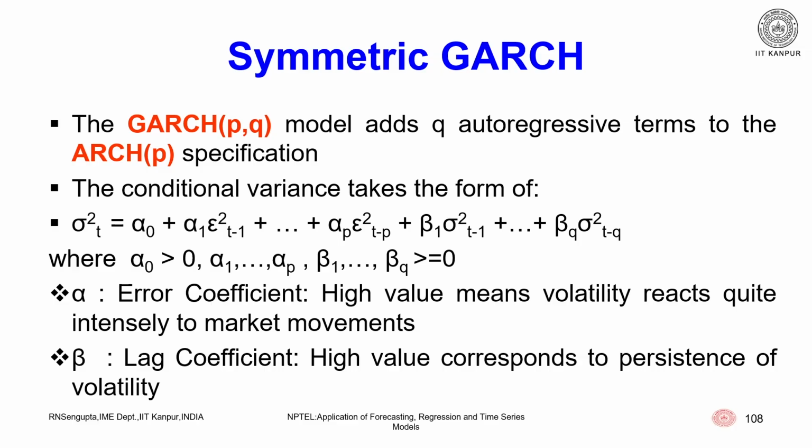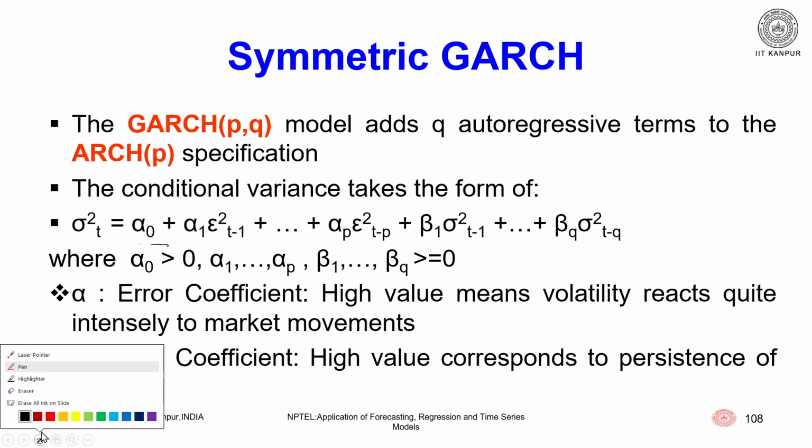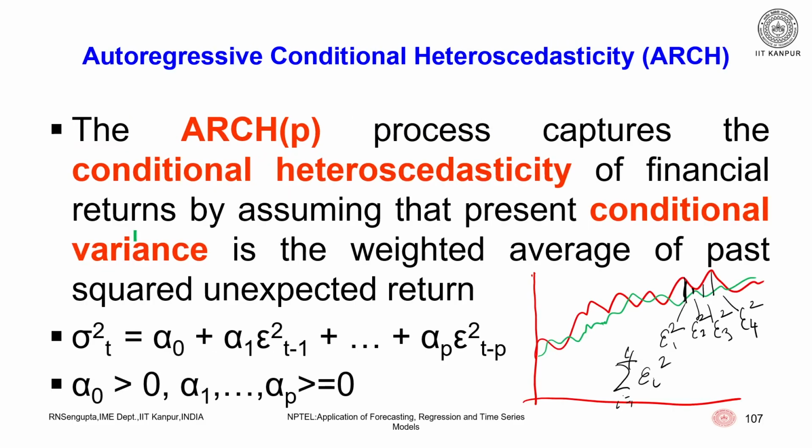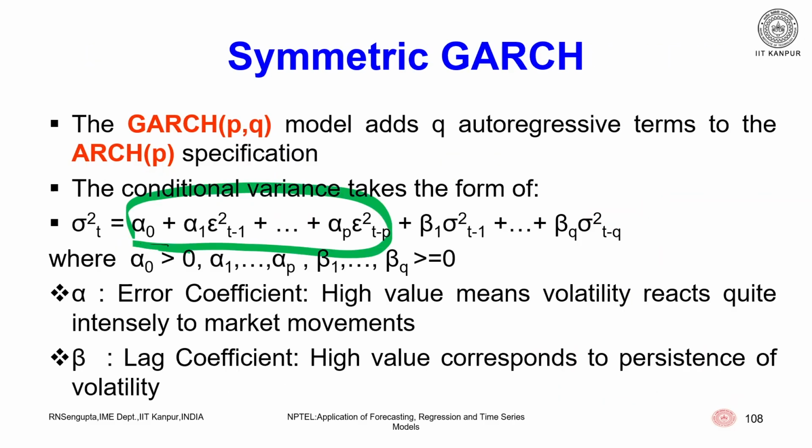So, the conditional variance takes the form which I had mentioned. The first part is what we have just mentioned. I will highlight it. So, this is the first part, be it on autoregression, on this concept of conditional variance, and the second part is the autoregressive component.